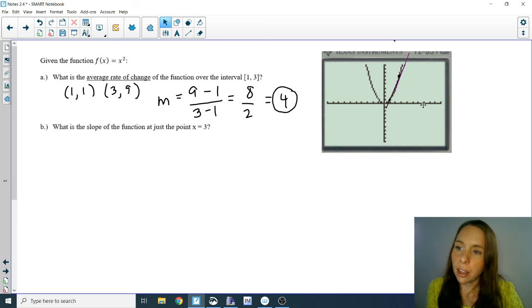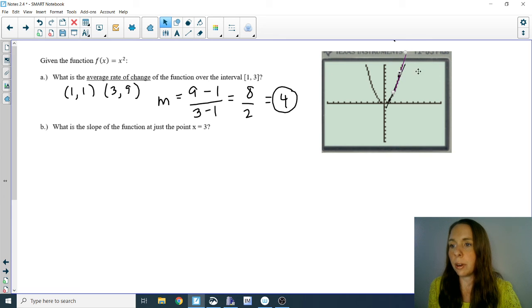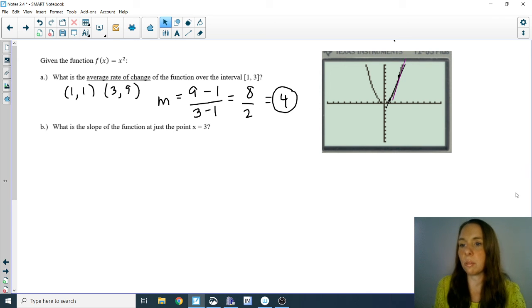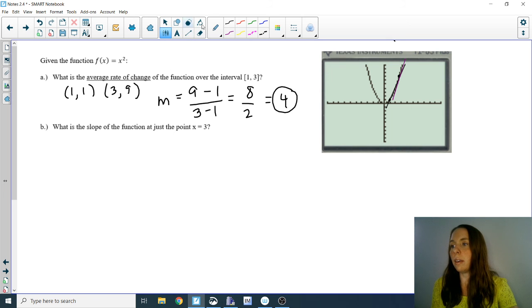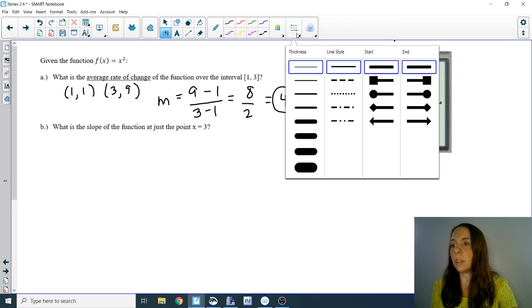Okay, this isn't the best, but it's supposed to show you that it's slightly steeper. I didn't draw it really great. I can move it around maybe to, there we go. Should have a computer do this for us. Okay, so you should be getting a slope that is slightly higher, and the way that we're going to do that is our new formula.